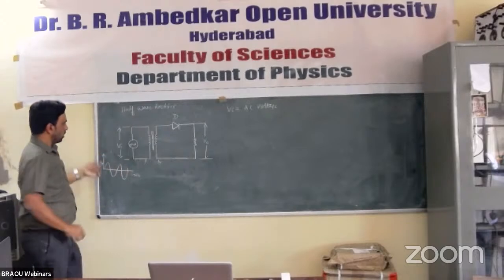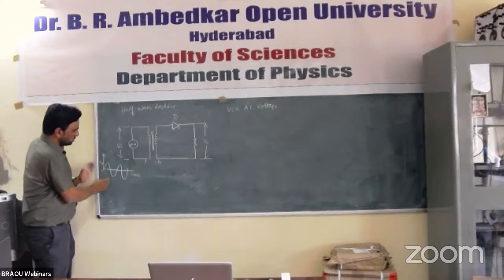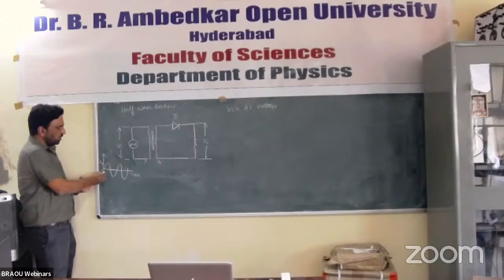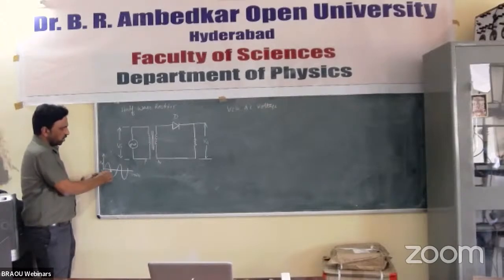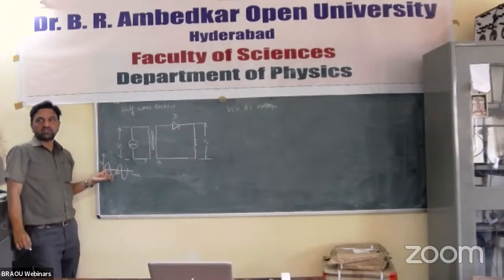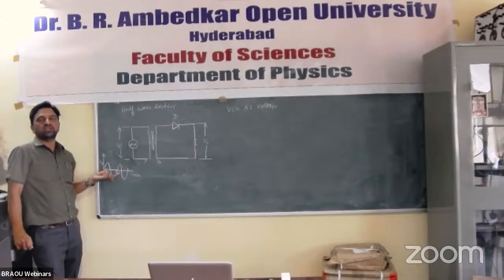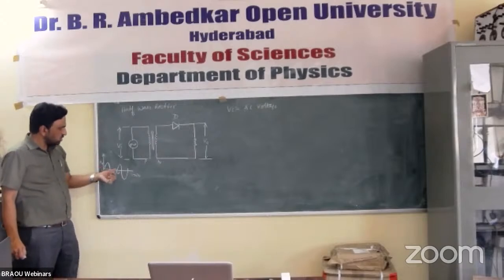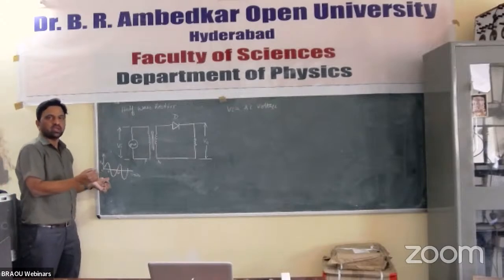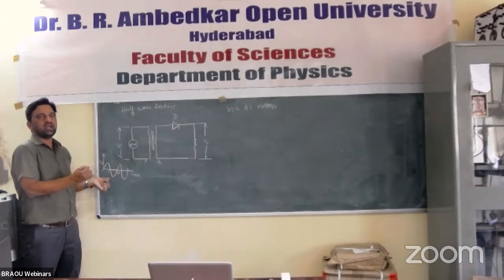As time changes, the voltage changes continuously. Initially at this point, at 0 degrees, and at this point 180 degrees, which is pi, and this is 2 pi. This is one complete cycle, 0 to 360 degrees. With respect to time it changes continuously, and that is what we call alternating current.